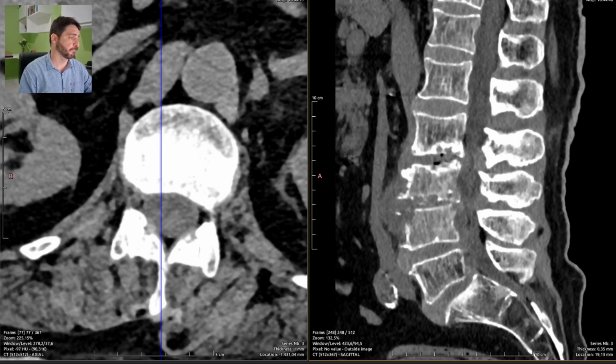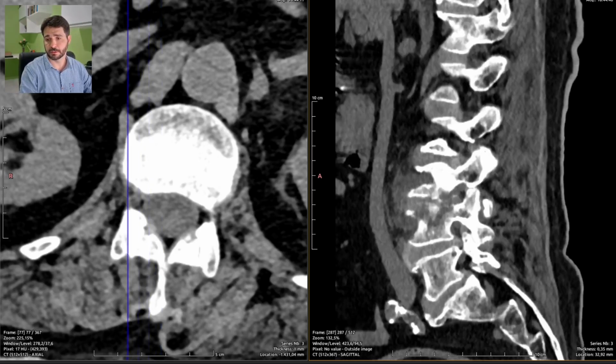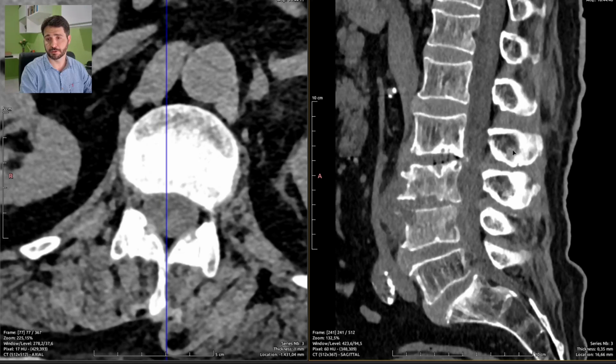Now we're going to describe the disc herniations that come from L2, L3, L4, L5, and S1. We have 1, 2, 3, and 4 disc herniations or bulging discs.